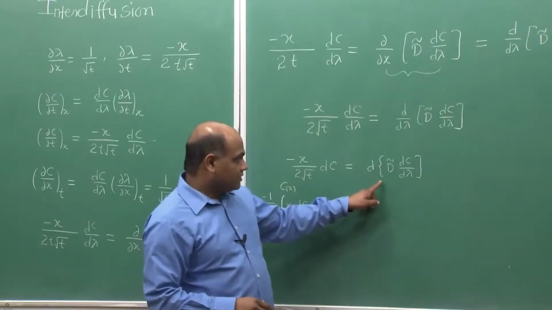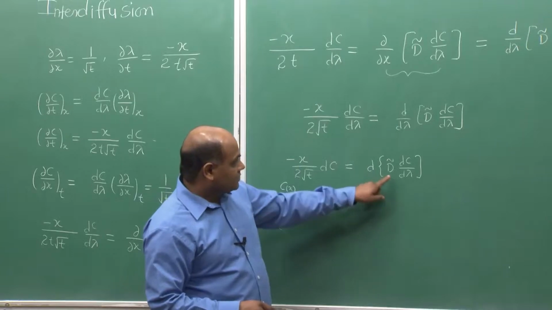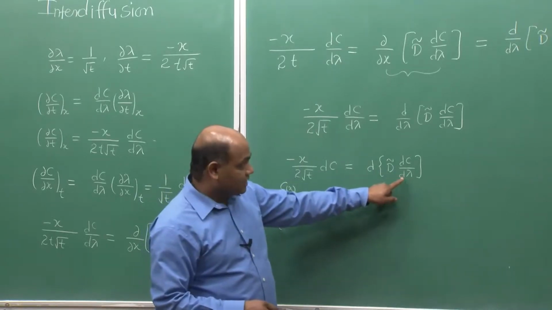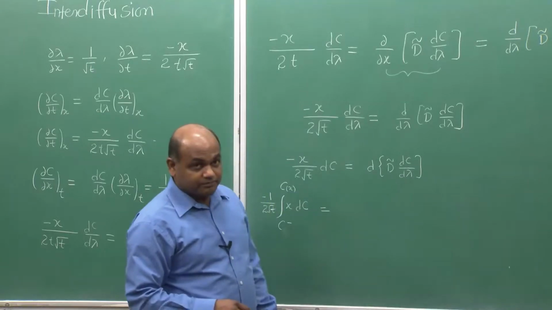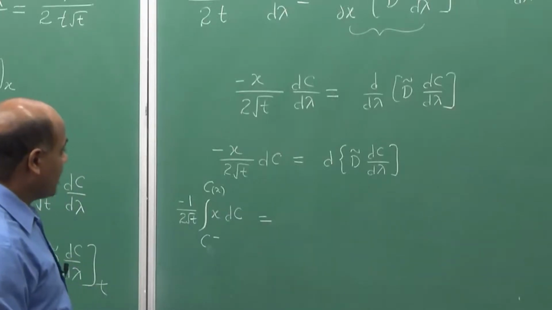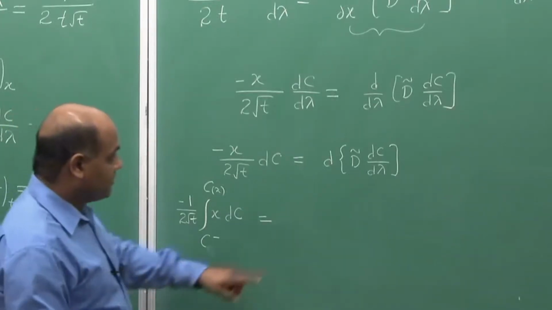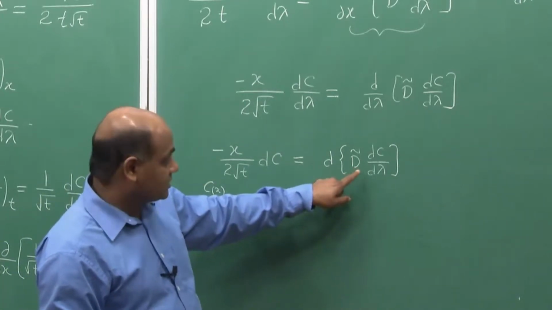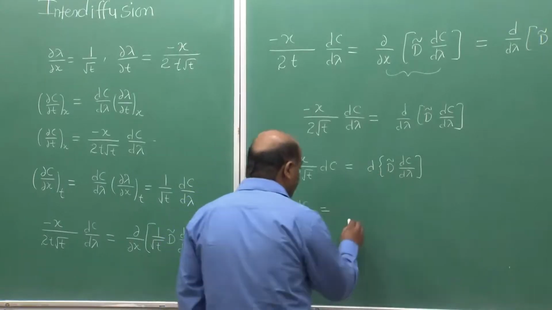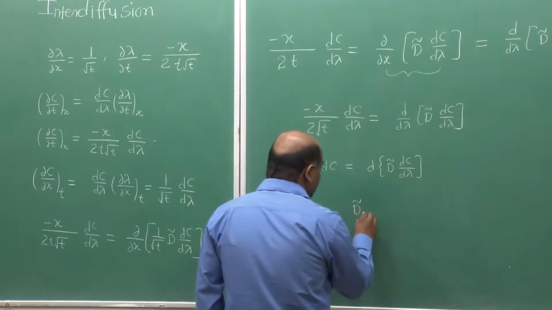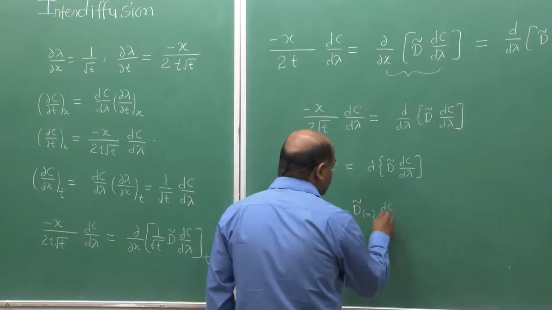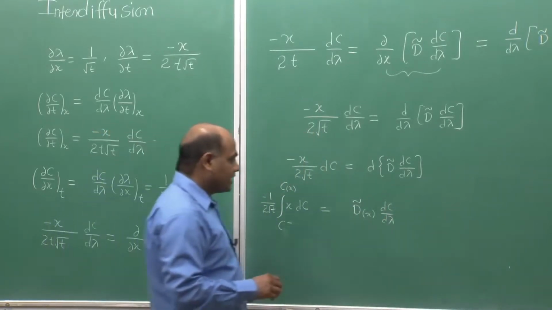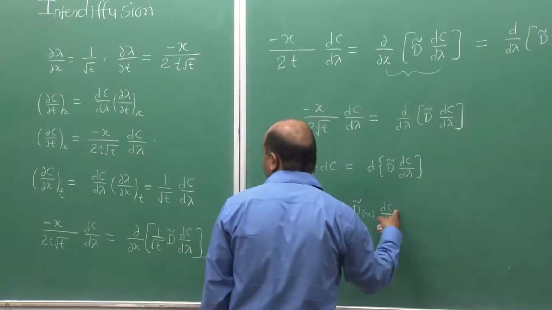now if we see on the left terminal alloy, the value of D tilde times dC/dλ would be equal to 0, and at C at x it should be equal to D tilde at that particular composition which is at x times dC/dλ. So, we write this D tilde at x times dC/dλ. Now, we can substitute for dC/dλ.